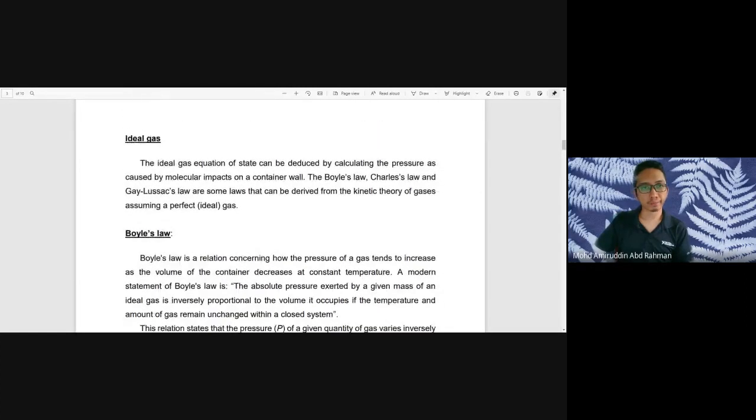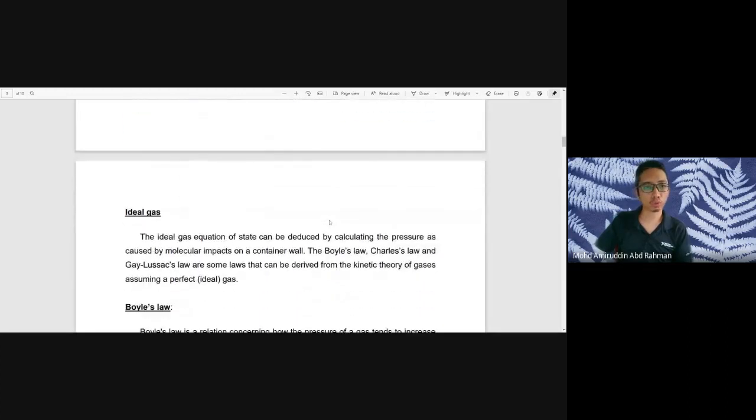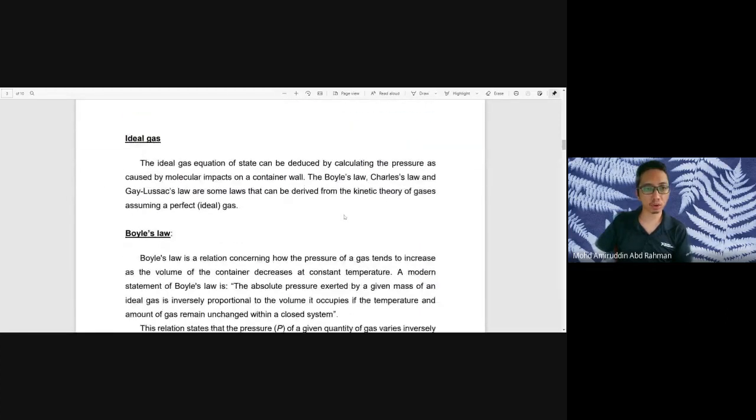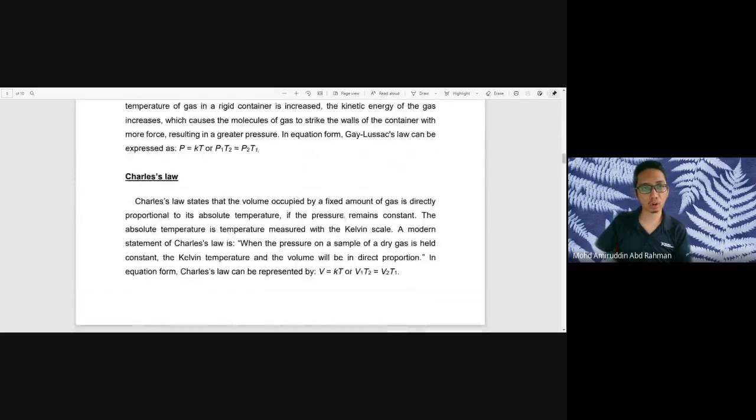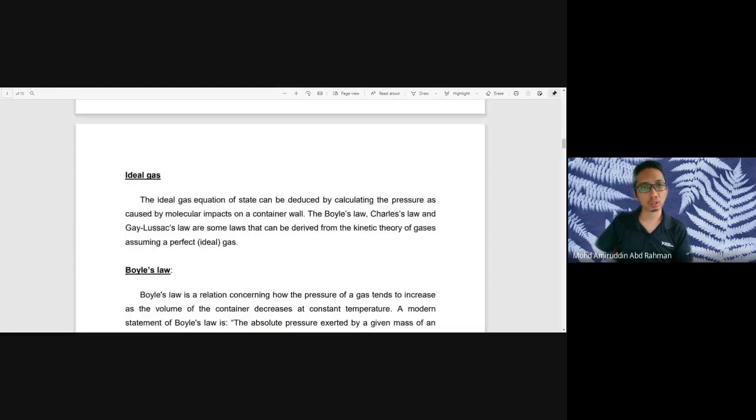All right, so now let's look at the laws. We have the ideal gas law, Boyle's law, Gay-Lussac's law, and Charles' law. The ideal gas equation of state can be deduced by calculating the pressure caused by the molecular impacts on the container wall.